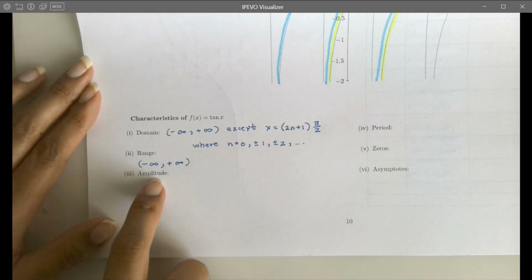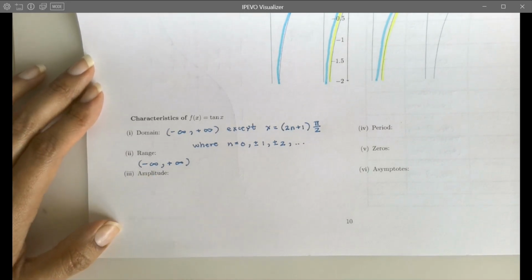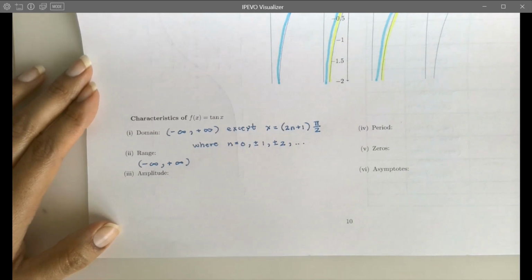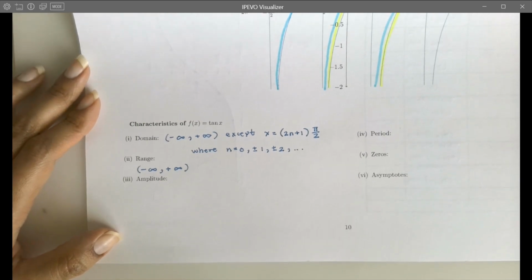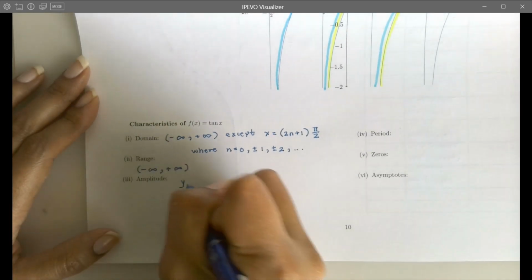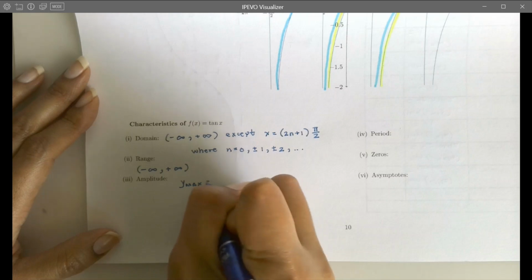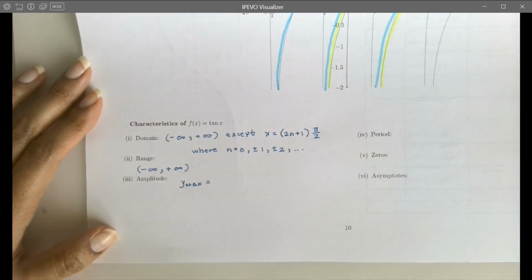Okay, and then what about the amplitude? Well, if you recall, the amplitude was half the distance between the largest y value and the smallest y value. In this case, the largest y value, let me just write that, y max, doesn't exist, right? Because it actually goes on to infinity.